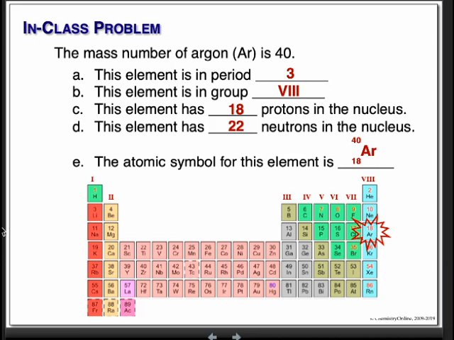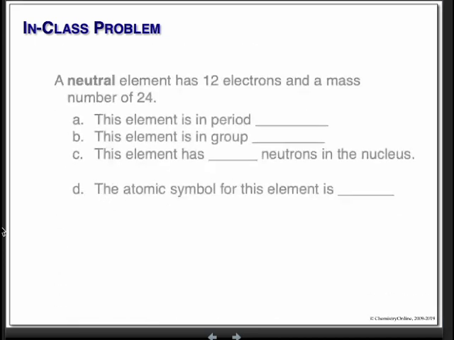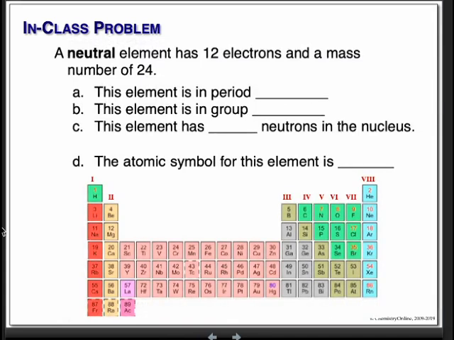Let's look at one more. This was also a real exam question. I have a neutral element with 12 electrons and a mass number of 24. Period, group, neutrons, and the symbol. All right, step 1. What is the element? The key thing here is that it's neutral, right?